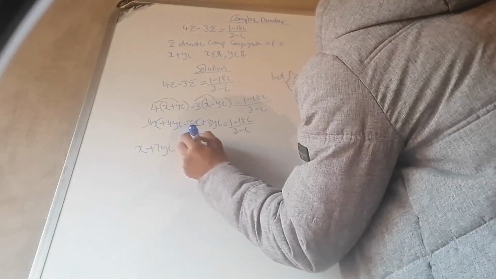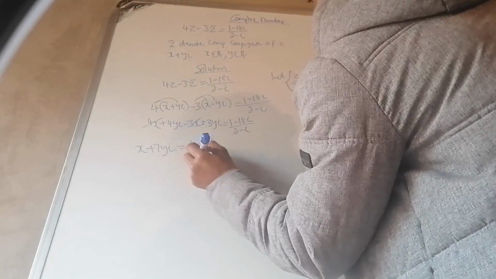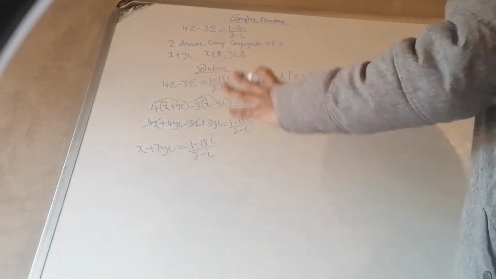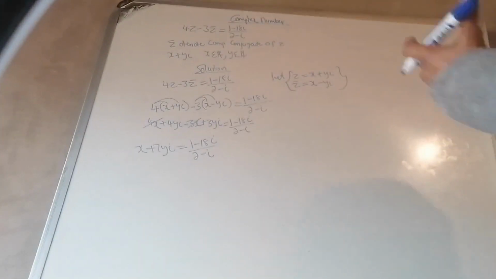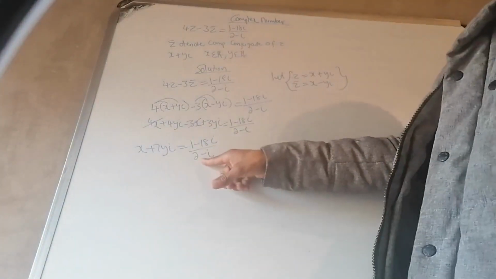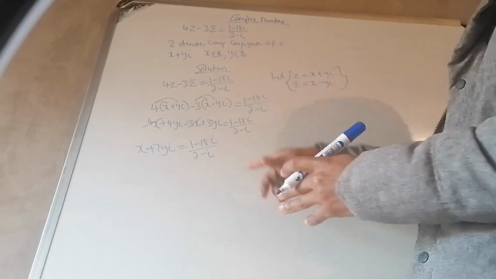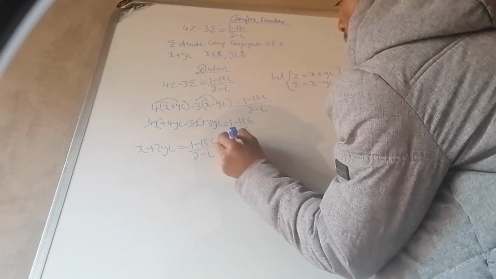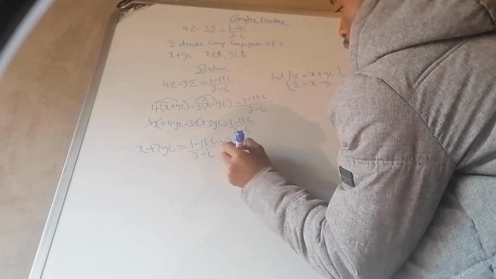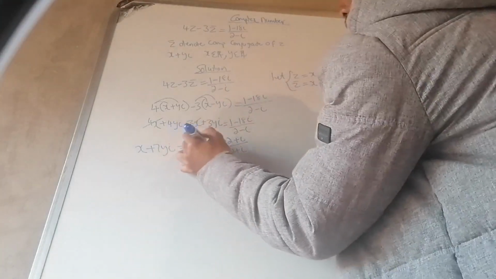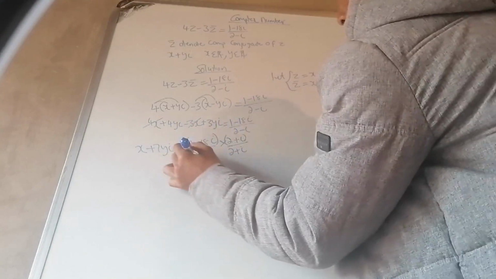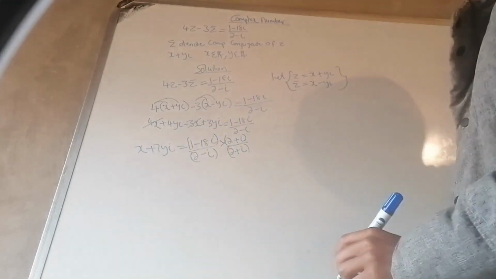And this equals (1 minus 18i) divided by (2 minus i). Now the problem can be simplified, because we can take the complex conjugate of the denominator, or rationalize the denominator, by multiplying by (2 plus i) over (2 plus i). This multiplies with this, and this multiplies with that.